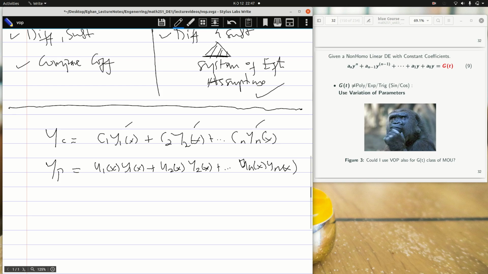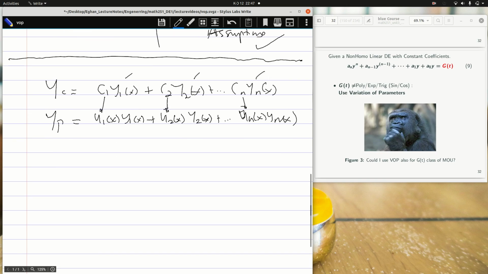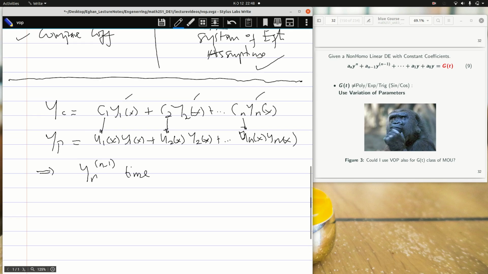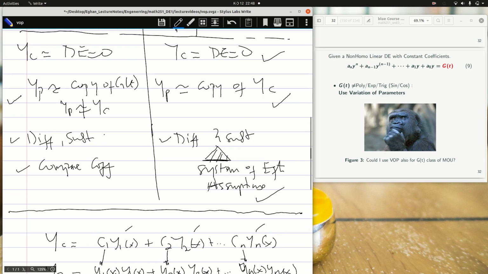Realize that I've just replaced the constants here by some variables u, and so this is what you differentiate. Unlike MOU, where you have to differentiate with respect to the order, here we differentiate it n-1 times.